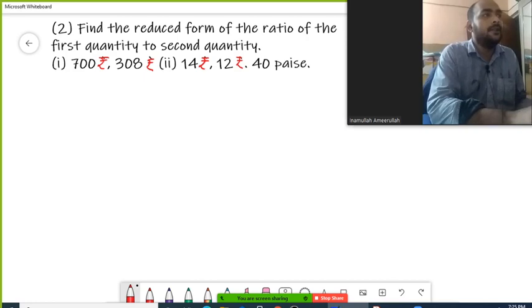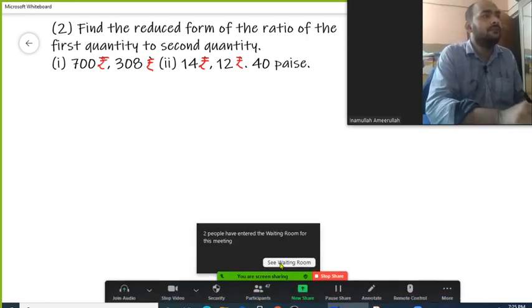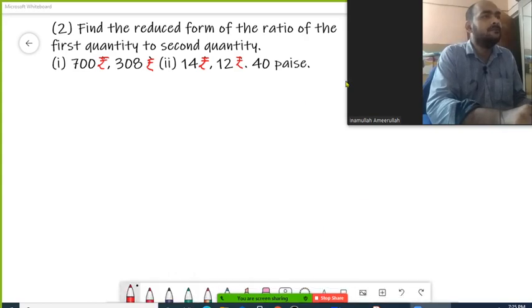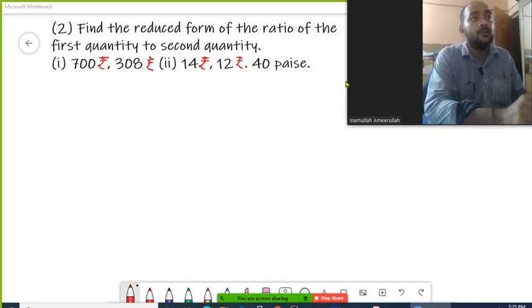Find the reduced form of the ratio of the first quantity to the second quantity. This is our question. The first quantity is 700, the second quantity is 308 rupees. Whenever two different quantities are given, it is important to convert both quantities into the same denomination or unit.